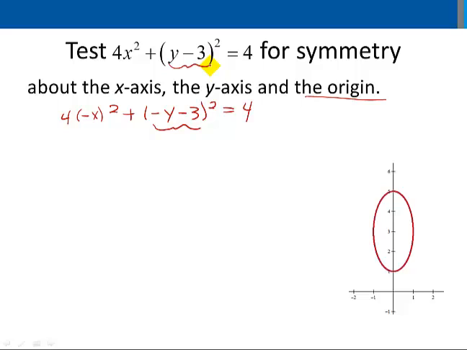In order to be symmetric about the origin, the point 0, 1 is on my original graph. If we reflect this graph 180 degrees about the origin, we would have to have the point 0, negative 1 on the graph, and that does not appear to be the case. So I'm going to use that fact to verify that this graph is not symmetric about the origin.